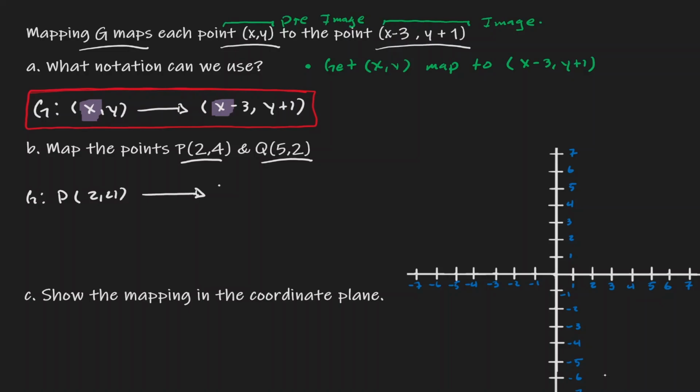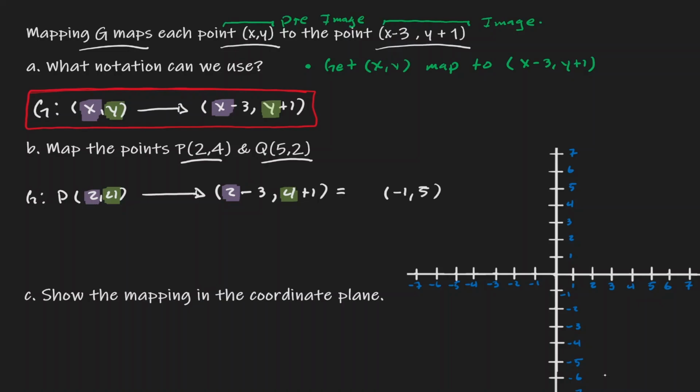If that's the case, then my new location is going to be 2 - 3. And when it comes to y, notice that we're mapping it to the location of y + 1. We're adding 1 unit to the y, so therefore my new location is going to be 4 + 1. So let's simplify this.